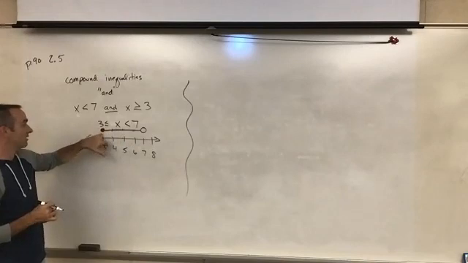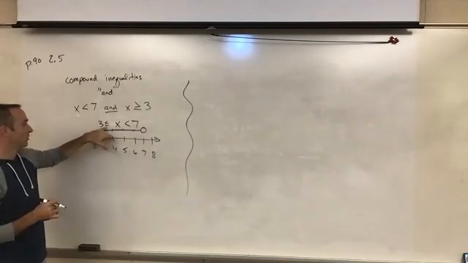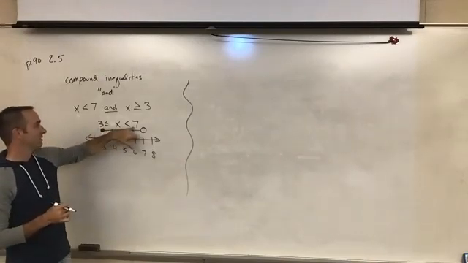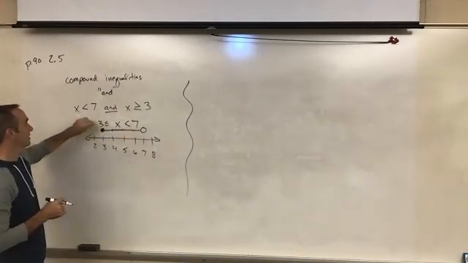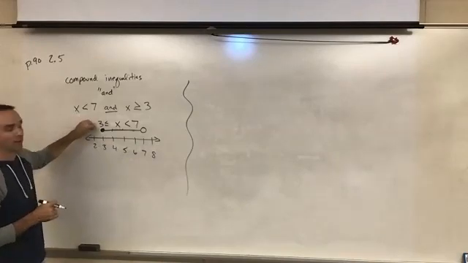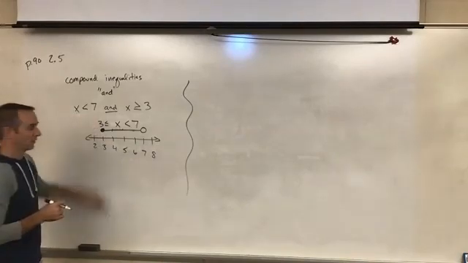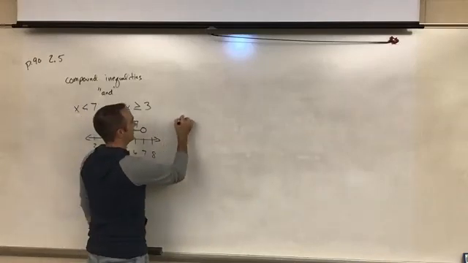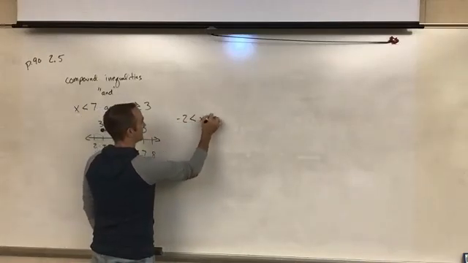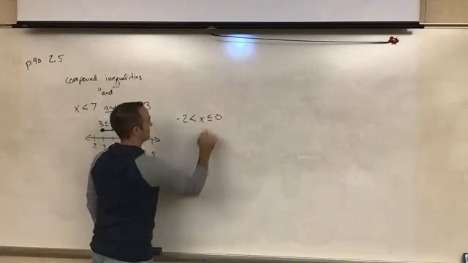It can be 3, right? I've got the or equal to, I've got the closed circle. It cannot be 7. And the less than, I got the open circle. So this is what we would consider a compound AND inequality right here. All right, so if we look at another one, right, we could see -2 less than X less than or equal to 0.